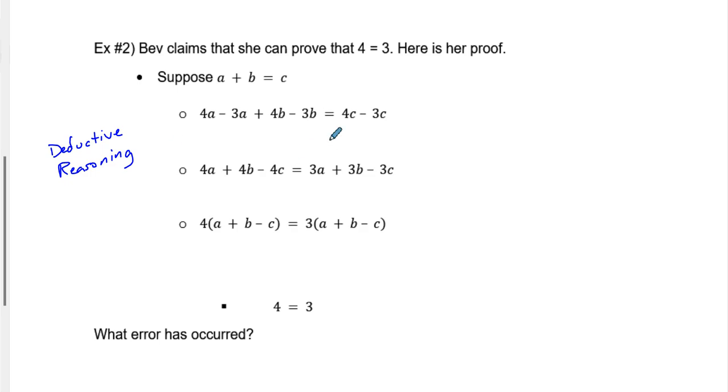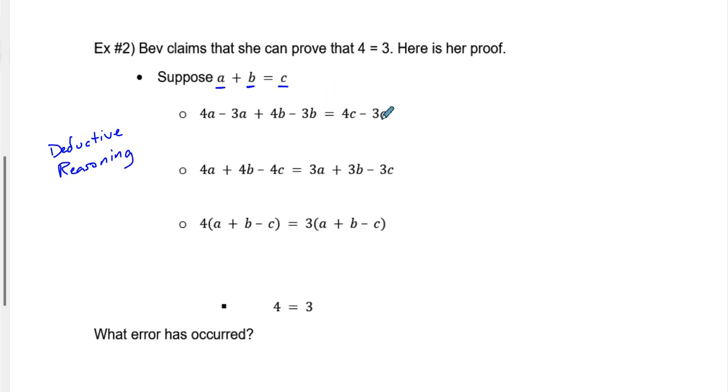And the way that we know that's deductive reasoning is because we are just using letters. We could change these to x's, y's, and z's. But suppose a plus b equals c. So just some number plus a number, another number equals c.